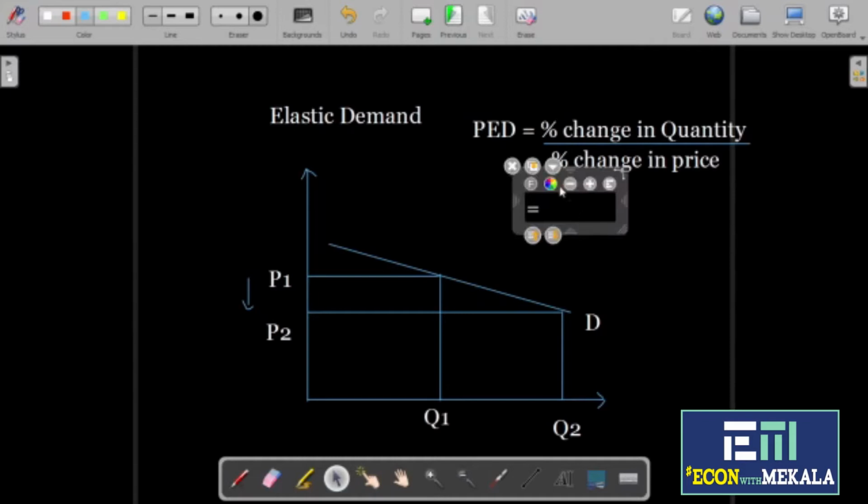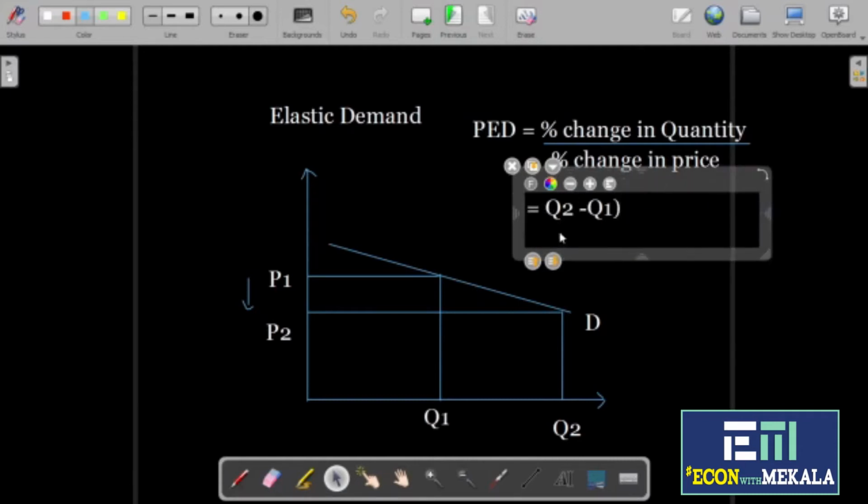Using the notations, new quantity is Q2 minus Q1, divided by Q1, the old quantity.